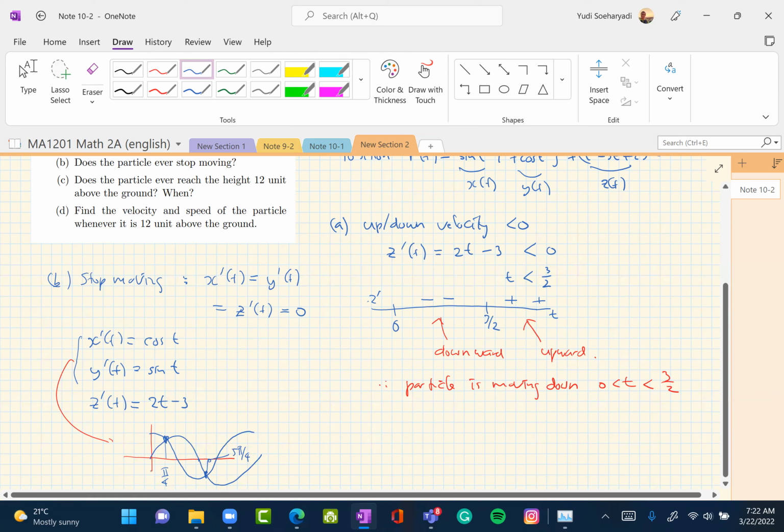But none of these are the same as 3 halves.